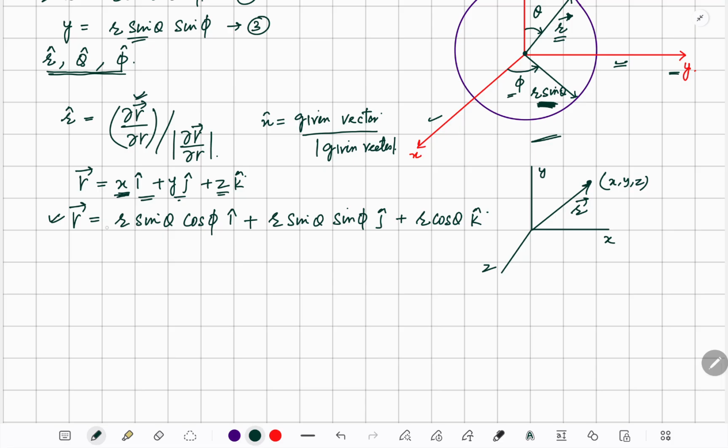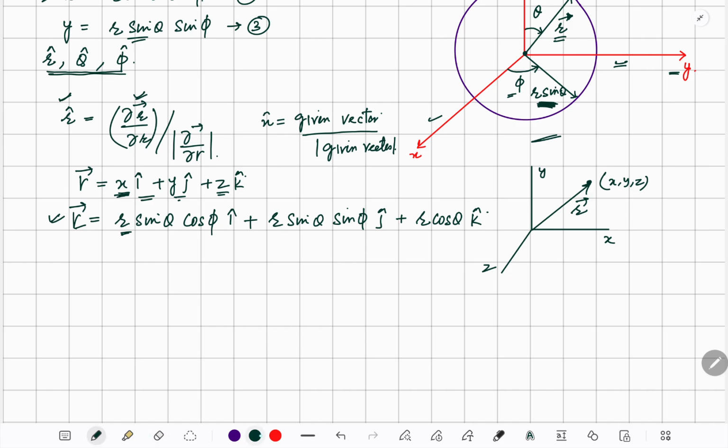Now we have to partially differentiate this r vector with respect to r, keeping this. Okay, just here this r cap and this r are the same. Don't get confused. Maybe you might get confused, so let me replace it.